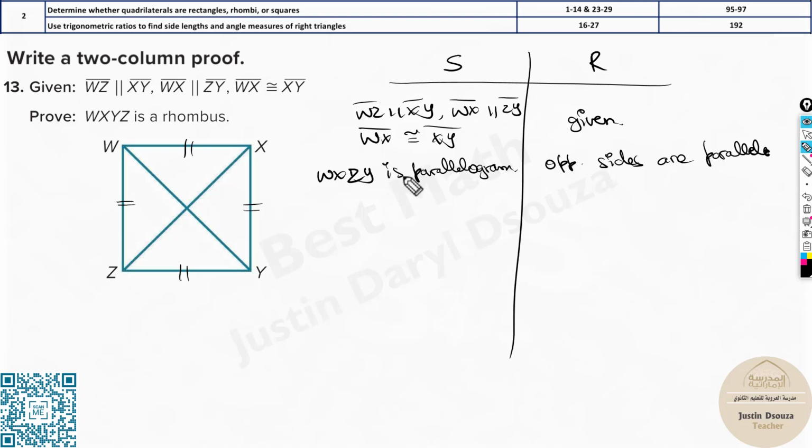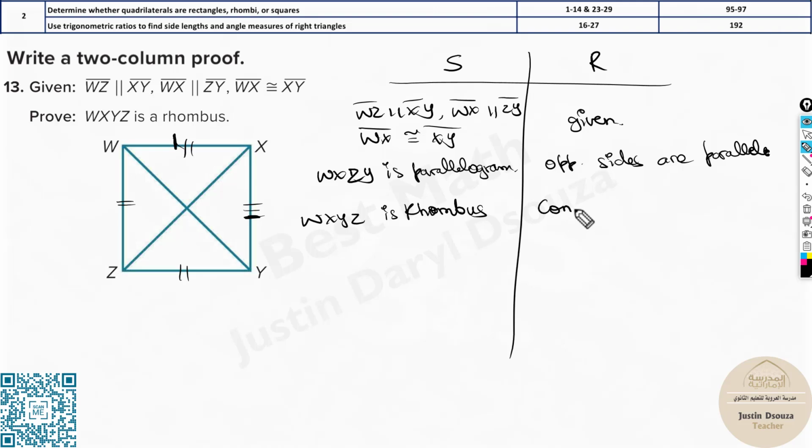And then if this is a parallelogram, then we know these two consecutive sides, this one and this one over here, are equal. So WXYZ is a rhombus. It's a single one. Why?